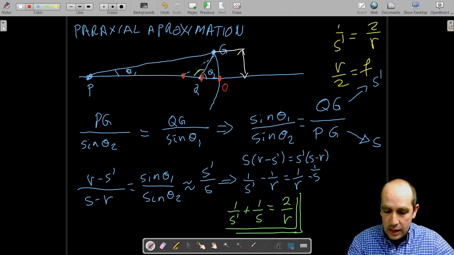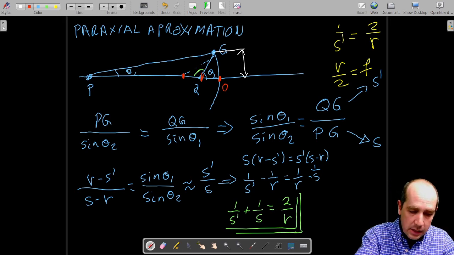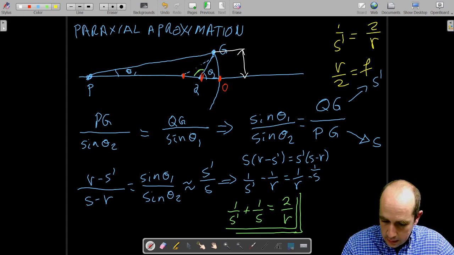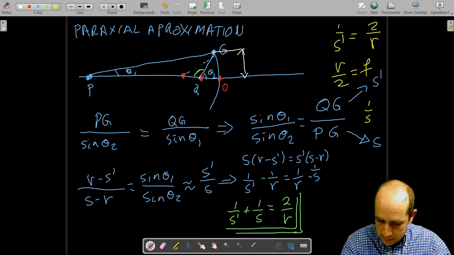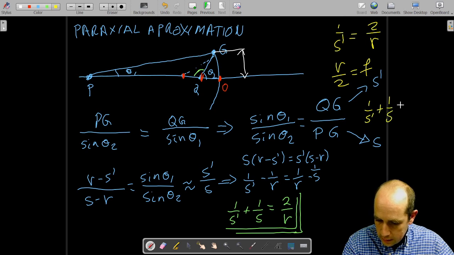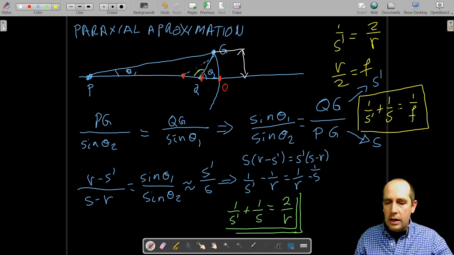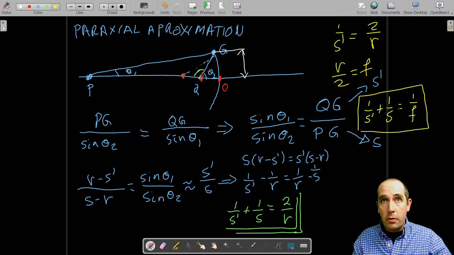Therefore, this expression in green can be rewritten as 1 over S prime plus 1 over S equal to 1 over F, the focal length. Okay, so this is the equation that we use for curved mirrors in the paraxial approximation.